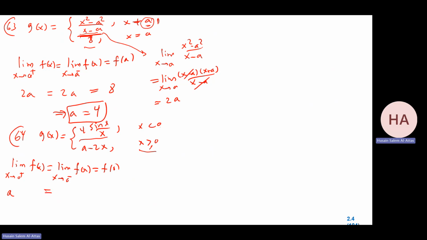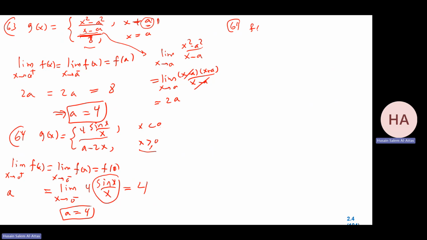X goes to 0 from left, I have this limit. By the way, f of 0 is a. No need to worry about it. 4 sine x over x, which is a special limit. I know this limit is 1, so it's 4, so a equal 4. This is what I want. Nice. All the questions, the answer is 4. Okay, 64.